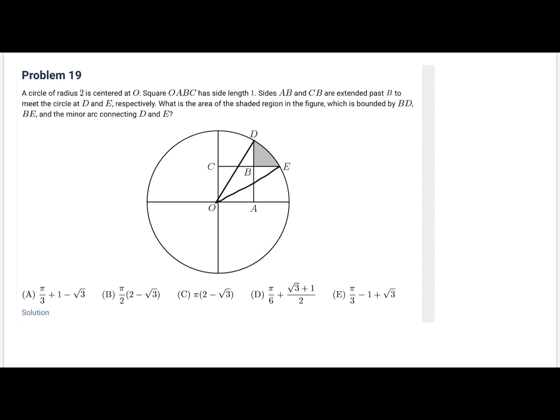Since this would be side length 1, 1, and 1, but the radius is 2, this would be 30 degrees. The radius is 2, so this would be 30, 30, and 30.